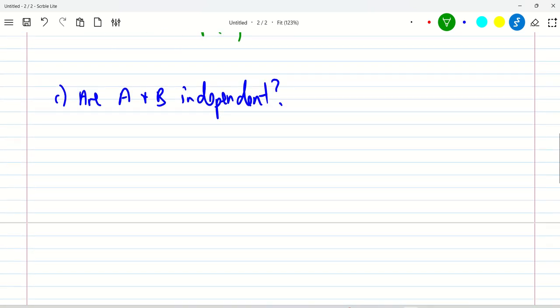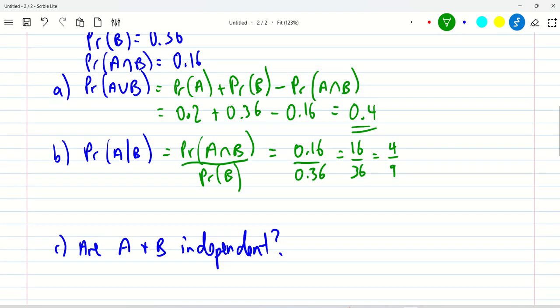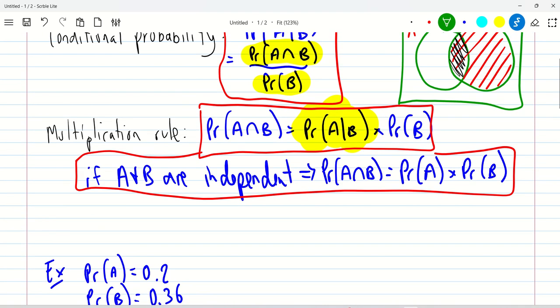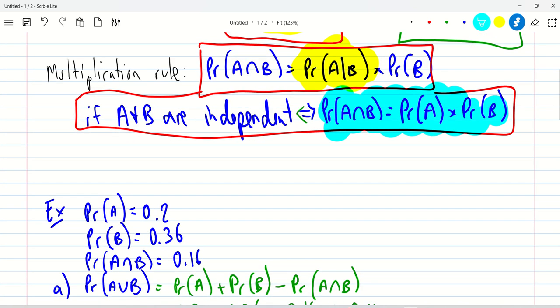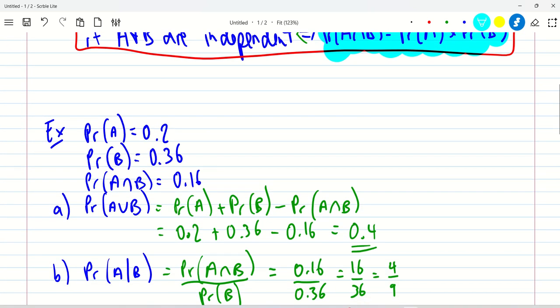And lastly, are A and B independent? How do we tell whether they're independent? I should probably have done both ways on this formula up here, because if this whole thing is true, then that means they're independent. That's a test that we can do to see whether two things are independent or not. So let's check that out.